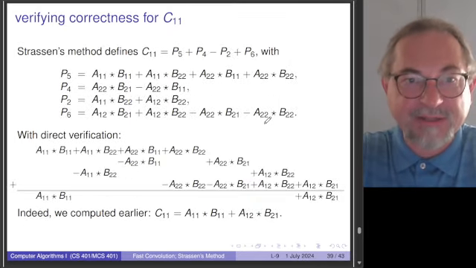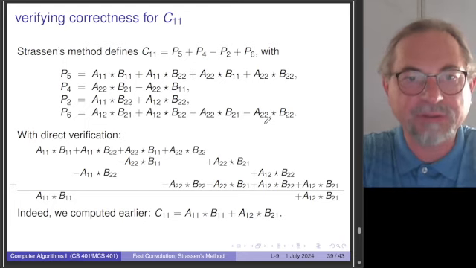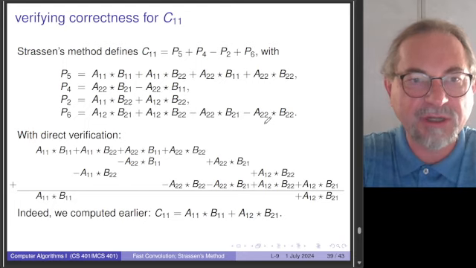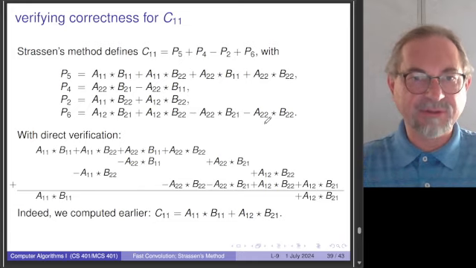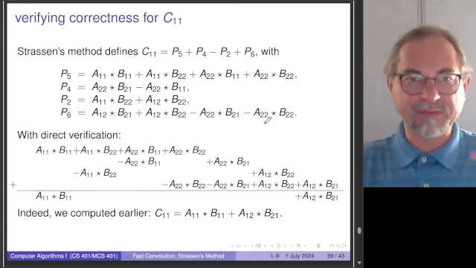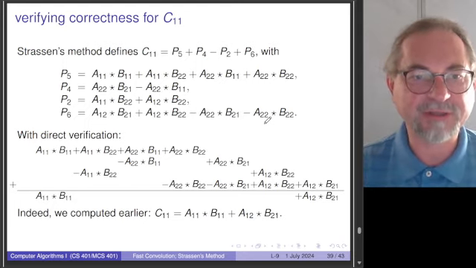The other two cases are a little bit more complicated, but not that much. So we have the first block, C11, which is defined by this sum, and then we subtract also. We have 2 additions and 1 subtraction.